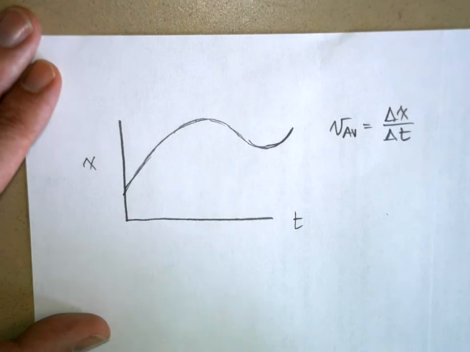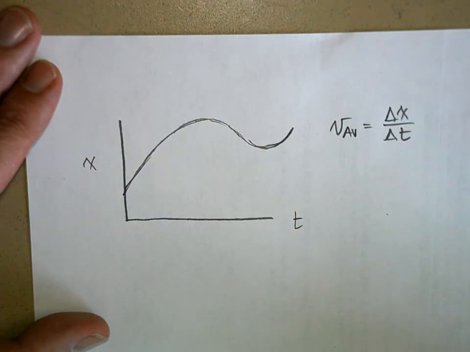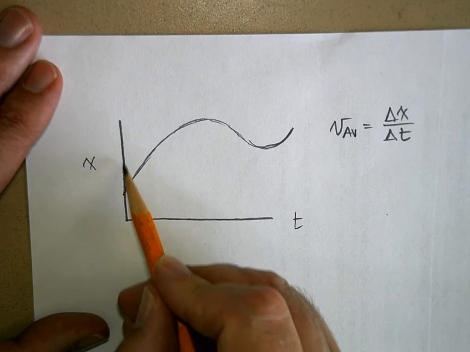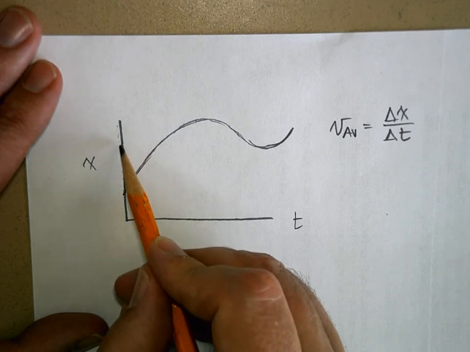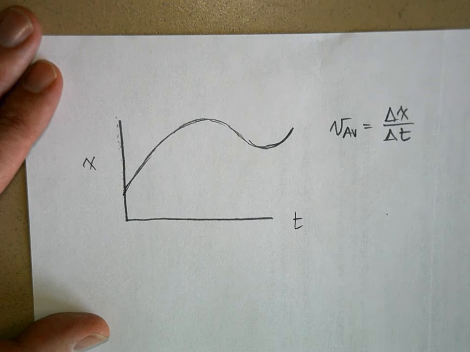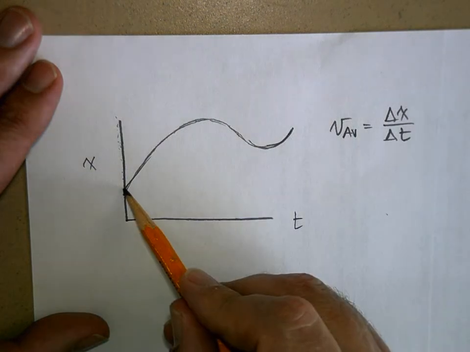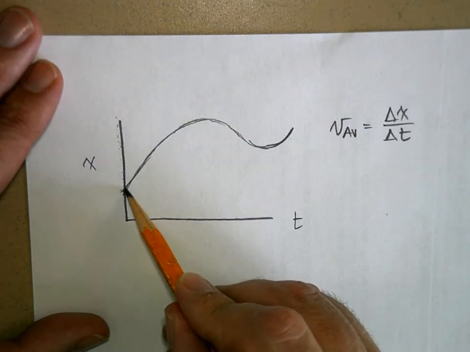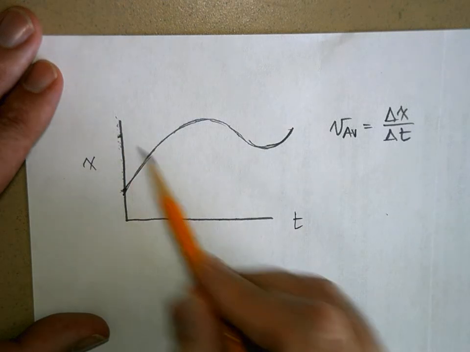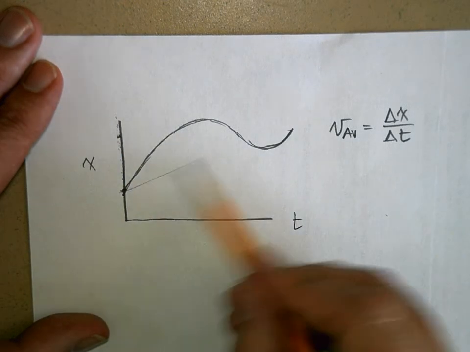So if I want to know what the average velocity is for this whole thing, remember, somebody starts here and they're walking forward, and then they come to a stop, and they walk backwards, and then they come to a stop, and they walk forward again. But the average velocity is delta, well, what is delta x for the whole thing? Well, here's x initial, here's x final, and here's delta t. So it's really the slope of the line right here.